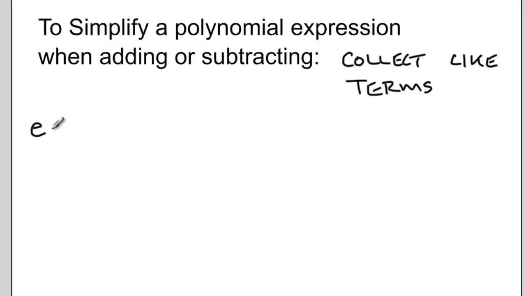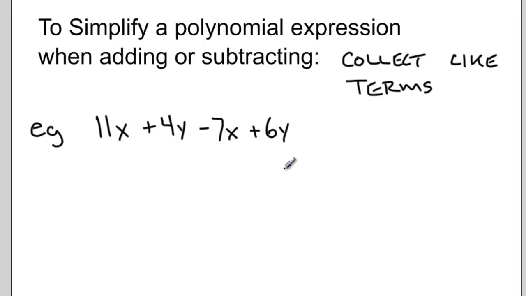As an example, if I have the polynomial expression 11x plus 4y minus 7x plus 6y, the first thing I can do is look at this expression and think to myself, which terms are like terms? Which terms have the same variable and the same exponent attached to the variable? I've underlined in green one set of like terms, and in blue I've underlined a second set of like terms.